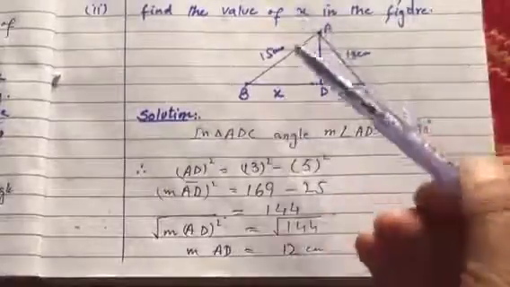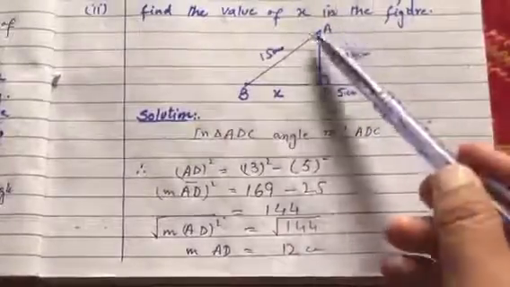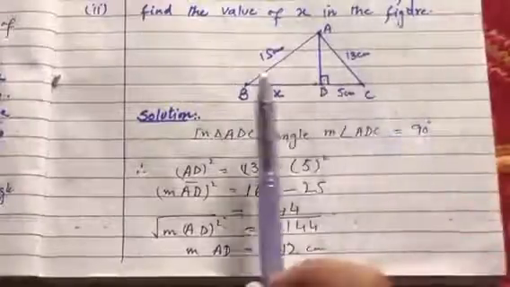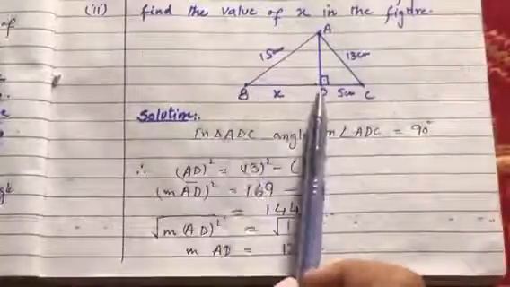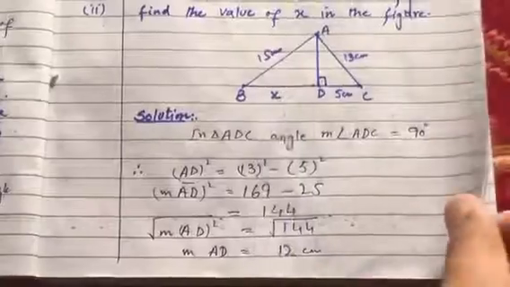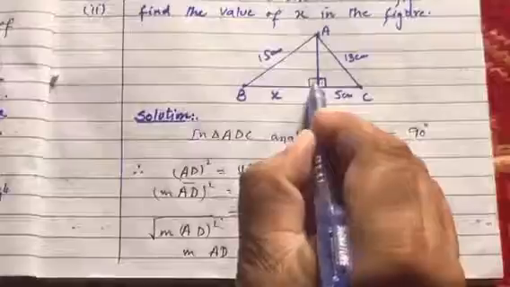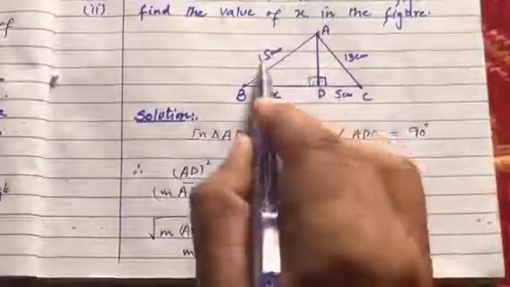Now we are going to use the second right angle triangle, which is ABD. In this, the base is BD. We have to find the x, and the side opposite to the 90 degree is the hypotenuse of the triangle.